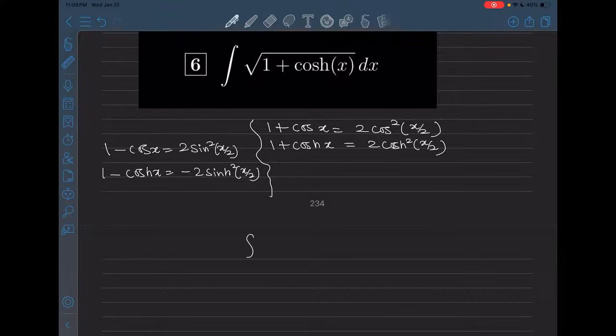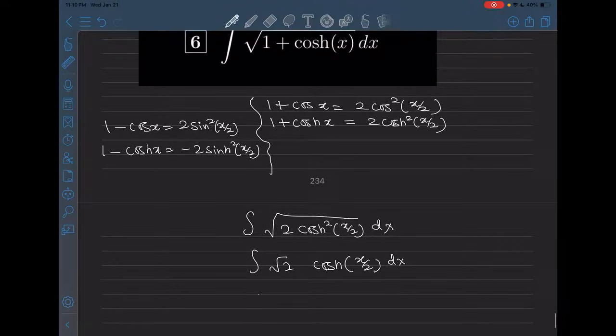If we use that, this becomes 2 cosh square x over 2 dx, right? And then this is just √2 times cosh x over 2 dx. That sounds good. And now we can just integrate this.